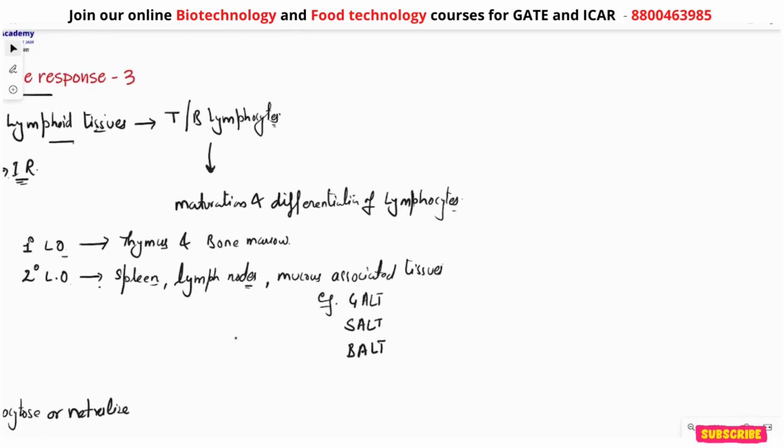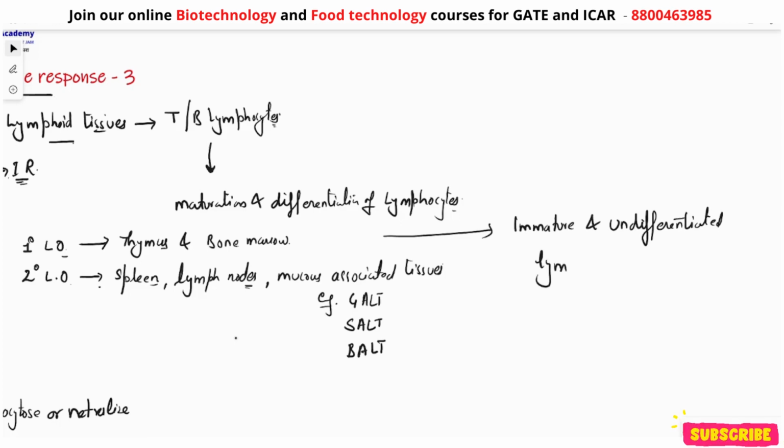So as I said, immature undifferentiated lymphocytes are produced where? In the bone marrow, right?